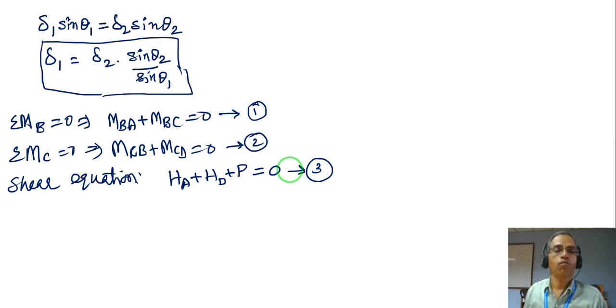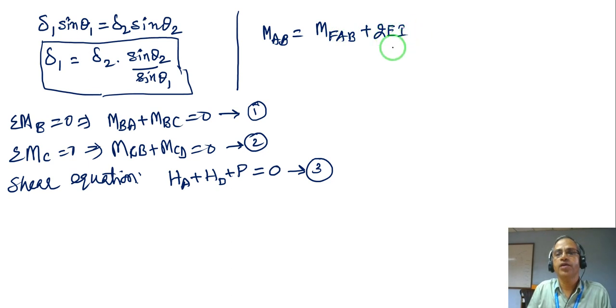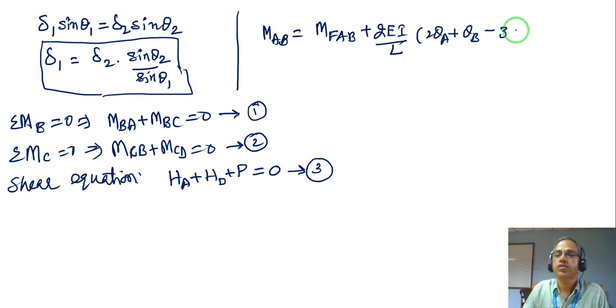Now one small clarification I would like to make: we know what MAB is. MAB is MFAB plus 2EI by L times 2 theta A plus theta B minus 3 delta, where delta 1 by L, L being the length of member AB.